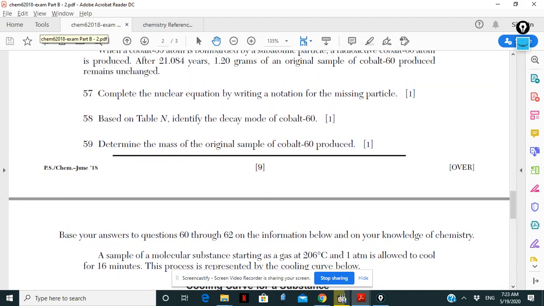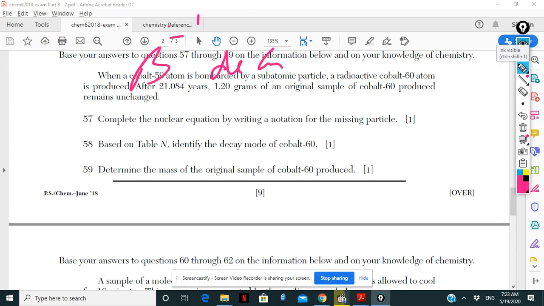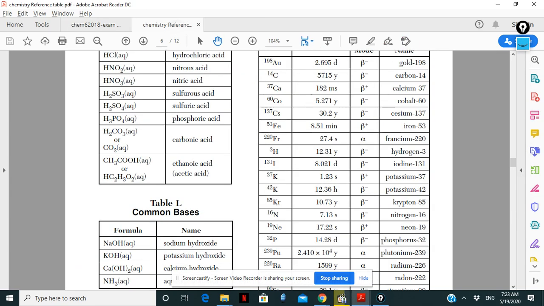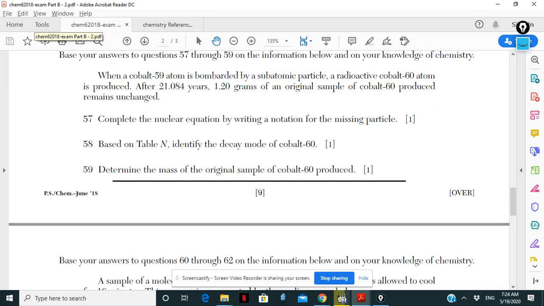Determine the mass of the original sample. He's giving me 21.084 years. I go to the same table for cobalt: I divide by 5.271, which gives 4. So now I know I have 1, 2, 3, 4 half-lives.